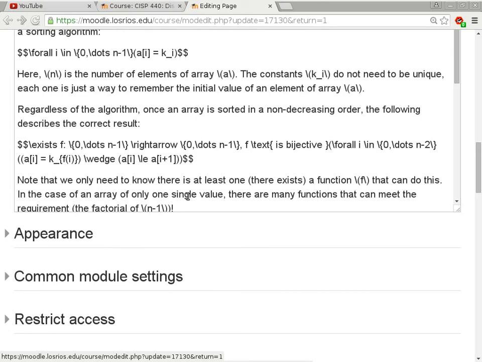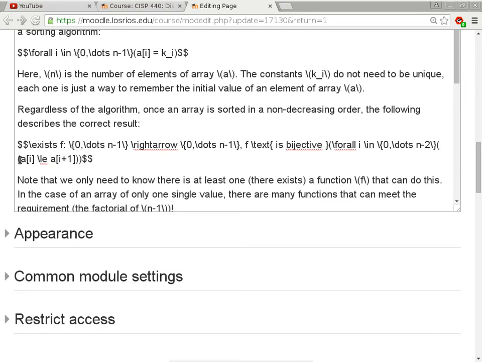Okay. Now this is how it appears when I'm editing this. It's all in LaTeX format. So what I need to do is to express one thing first, and then express the other one after that. So let's check out this one. We'll deal with the ordering first, and then we'll deal with the other one.